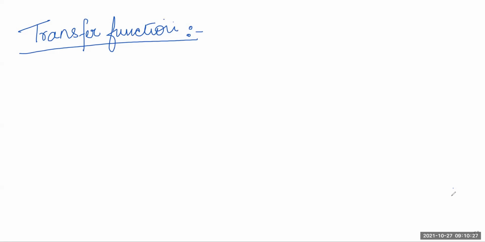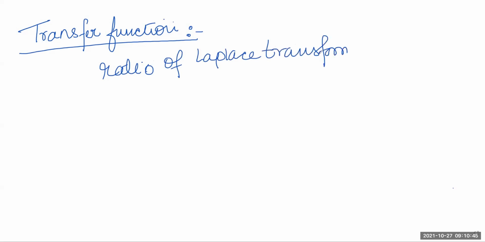The proper definition of transfer function: it is defined as the ratio of the Laplace transform of the output, whatever we get from that particular modeling, to the Laplace transform of the input.